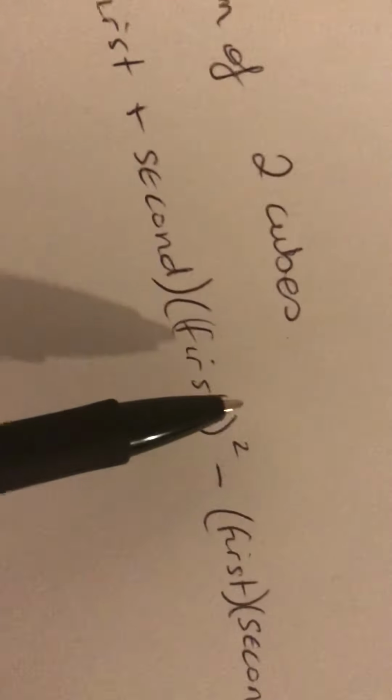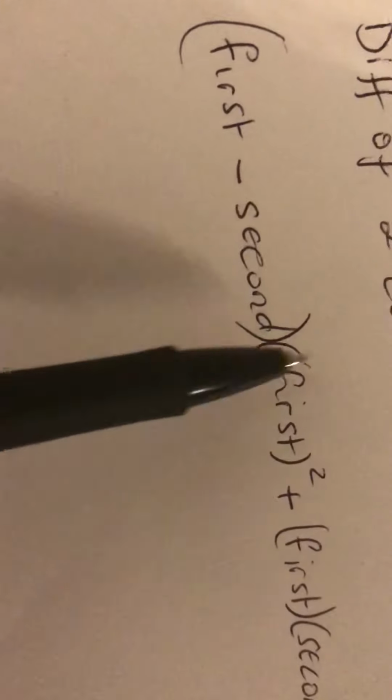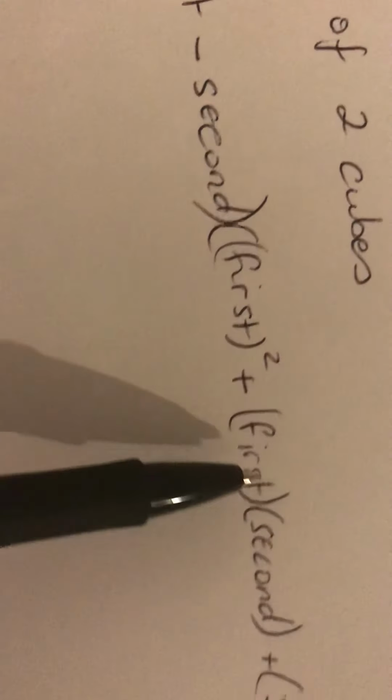Like this one, I would be saying, oh, look, this looks like the difference of two cubes. So I'd be throwing down my brackets and I'd at least be writing down, you know, I know what the difference of two cubes is. It's the first plus the second. Sorry, that's the sum of two cubes. I know what the difference of two cubes is. It's the first minus the second, bracket the first squared plus the first times the second plus the second squared.